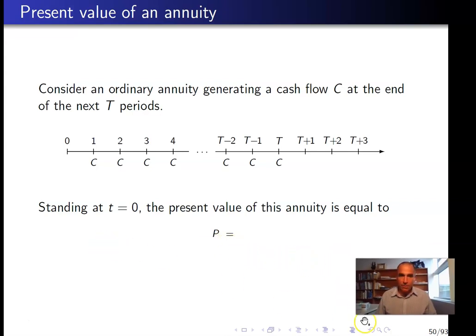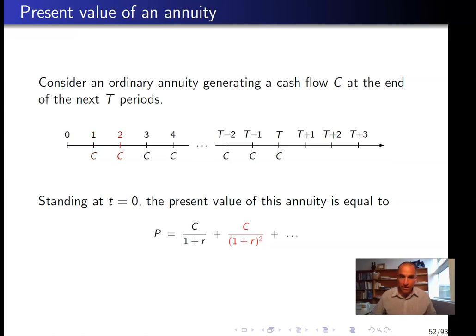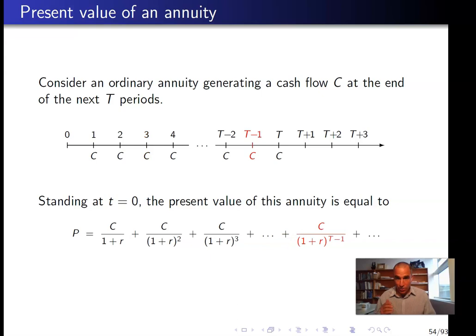Okay, so standing at time t0, the present value of this annuity is equal to the first payment discounted over one period plus the second payment discounted over two periods plus the third payment discounted over three periods, and so on.